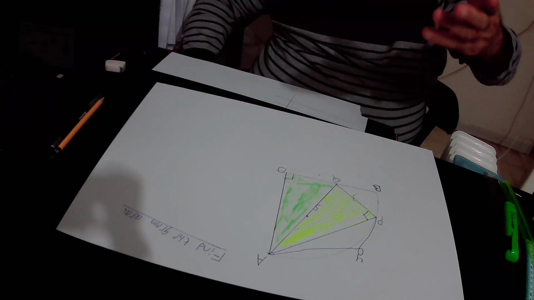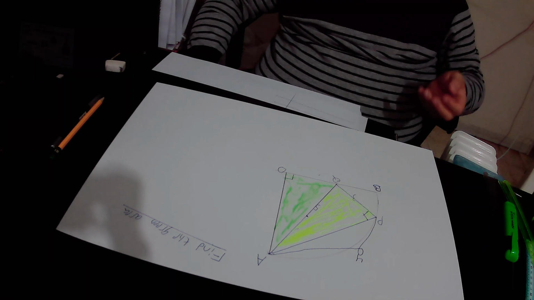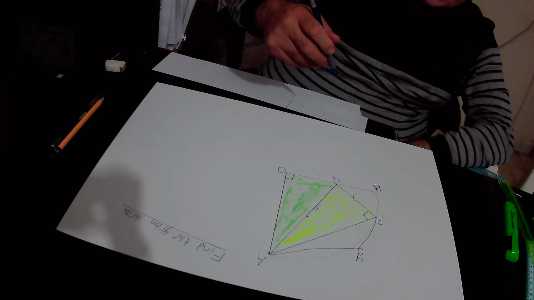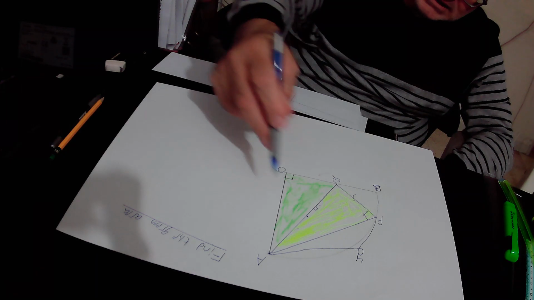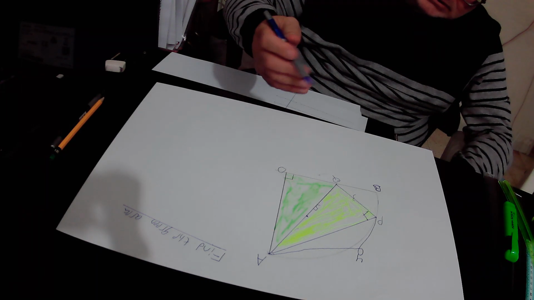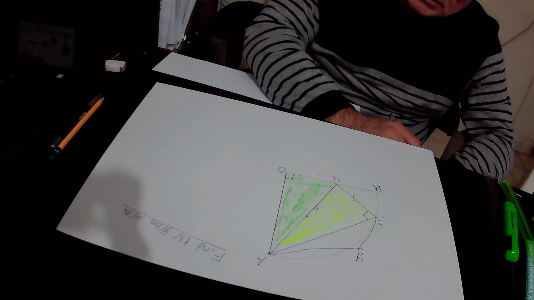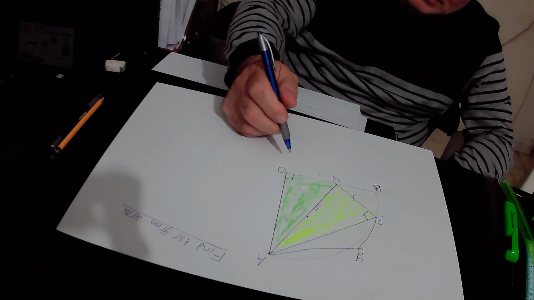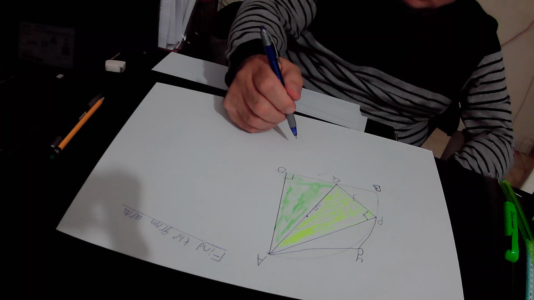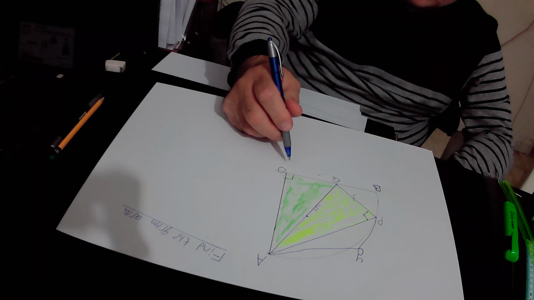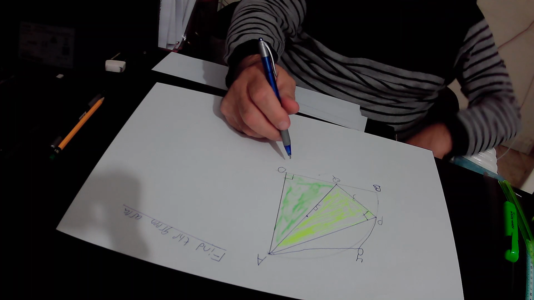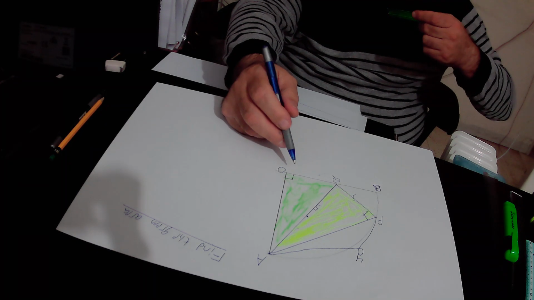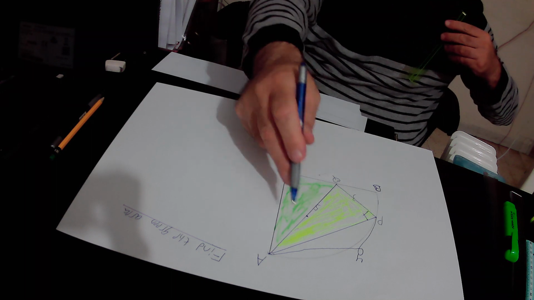AOB is a quarter circle, and you can actually complete a quarter circle to a circle, and therefore the center of the circle will be point O. So from point O, that is the center of the circle, we will go perpendicular on chord AP.